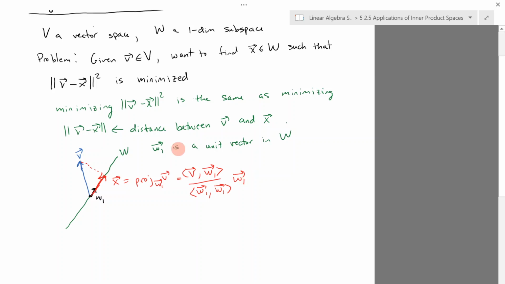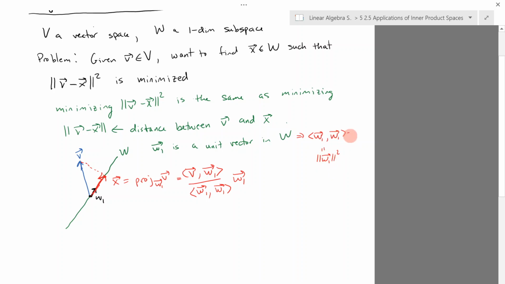And this is why I wanted to take a unit vector for W1 instead of any other vector along W. Right, so W1 is a unit vector, so that means that the length of W1 is 1, but the length of W1 squared is just the inner product of W1 with itself.